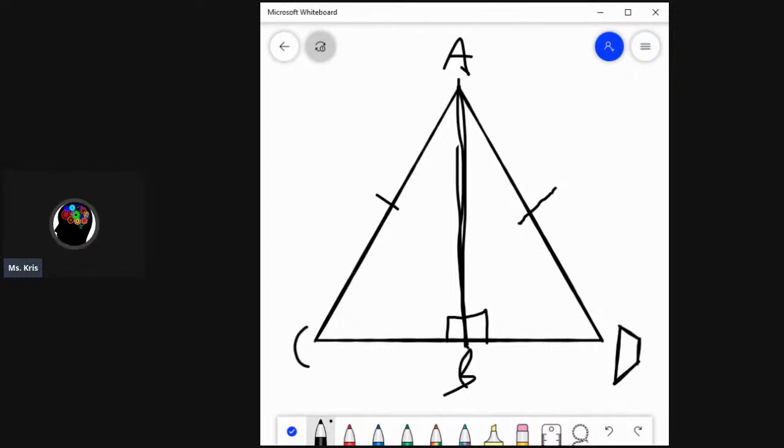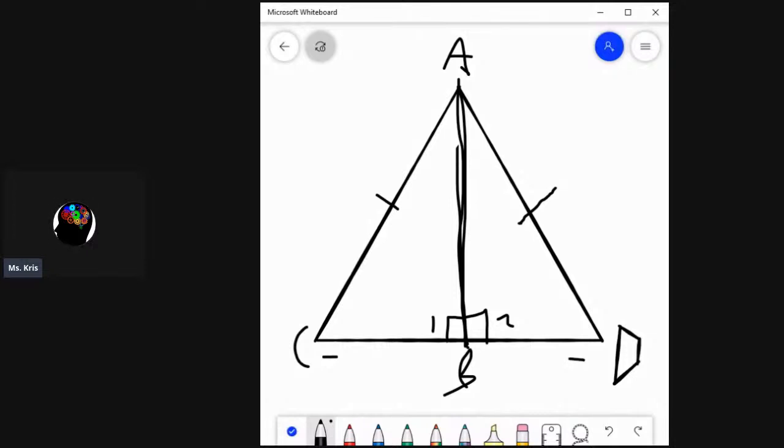So first given is AB is perpendicular to CD. So if AB is perpendicular to CD, by definition, angle 1 and angle 2 are right angles based on the definition of perpendiculars.